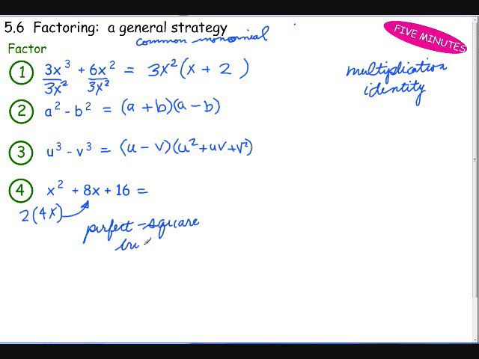Perfect square trinomials have a beautiful little pattern. It's a binomial squared. And what binomial is it? You take the square root of this, the square root of this, and you take the sign of the middle term. Done.